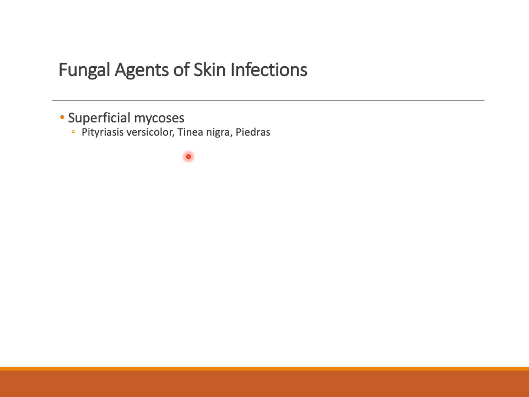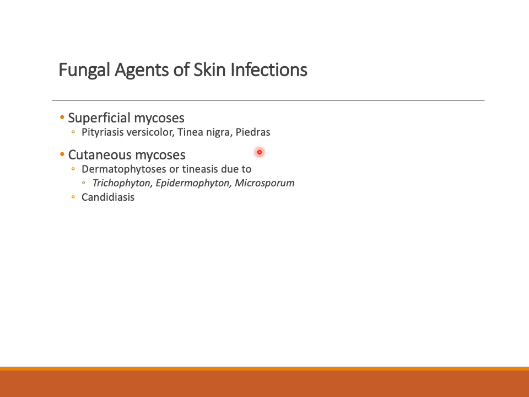We listed in a tabulation the superficial mycosis: pityriasis versicolor, tinea nigra, and the piedras. Then the cutaneous mycosis, the dermatophytosis, which of course is derived from the term dermatophytes.